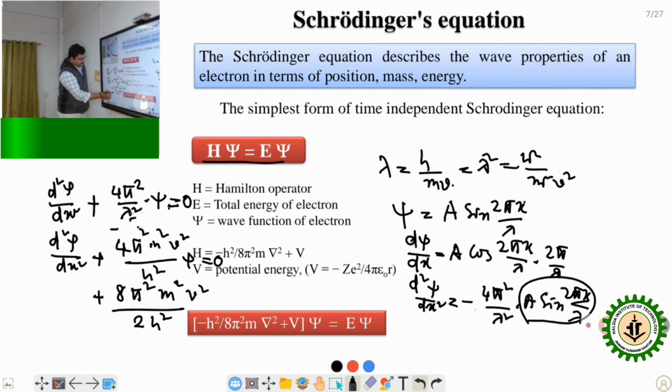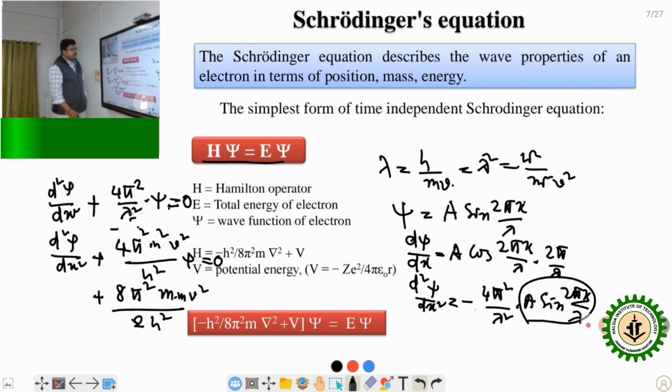Now look at this half, this m² I can write m into m and v². So half mv² is my kinetic part.